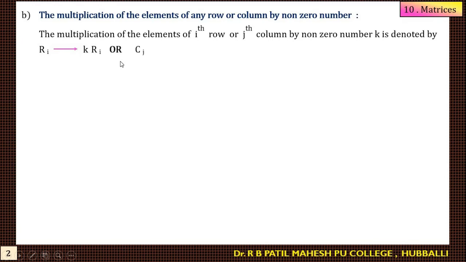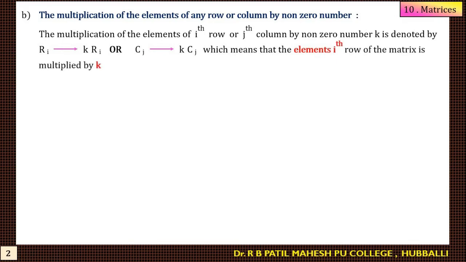Or if you are operating column wise, it is Cj changes to k into Cj. That means the jth column elements are changed by multiplying by k, which means the elements of the ith row of the matrix are multiplied by k, or the elements of the jth column are multiplied by k.